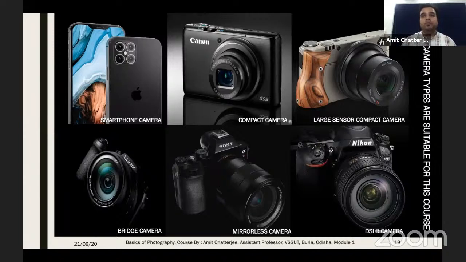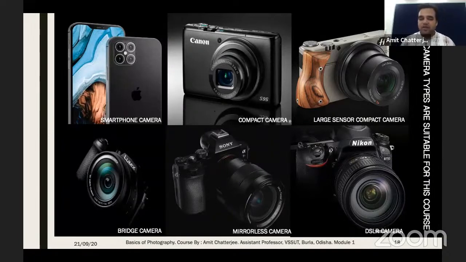The smartphone camera has the smallest sensor, although these days their sensors are almost competing with compact cameras, then compact cameras, then large sensor. The sensor area in each of these cameras gradually increases, and that is what makes the device more versatile.